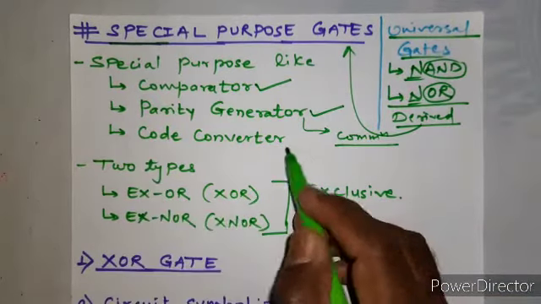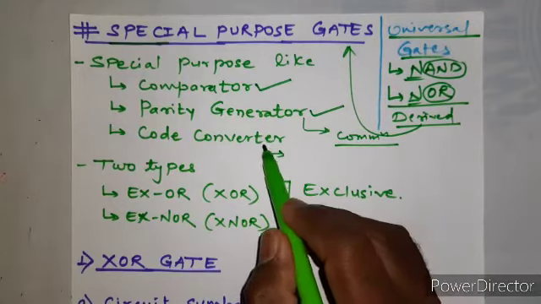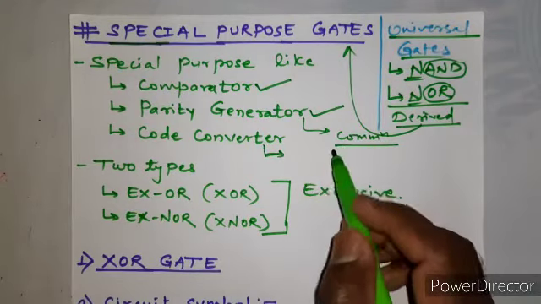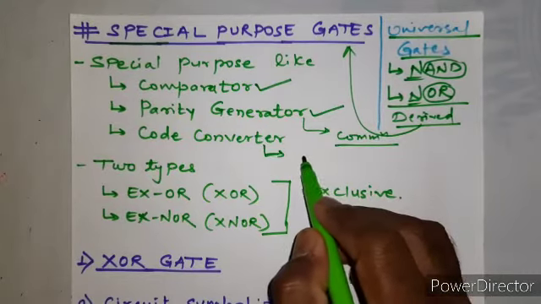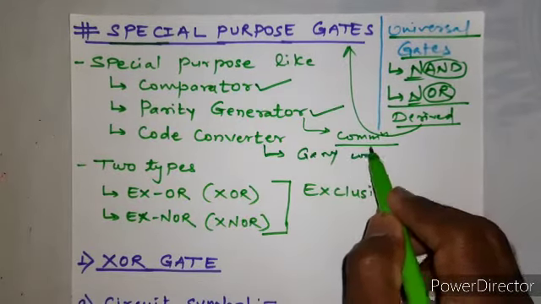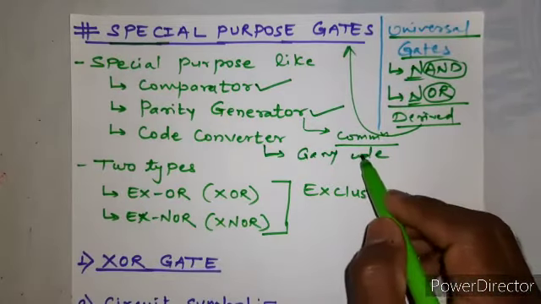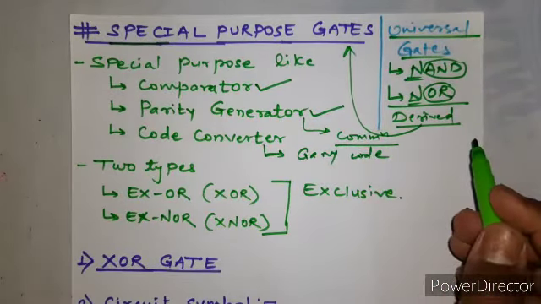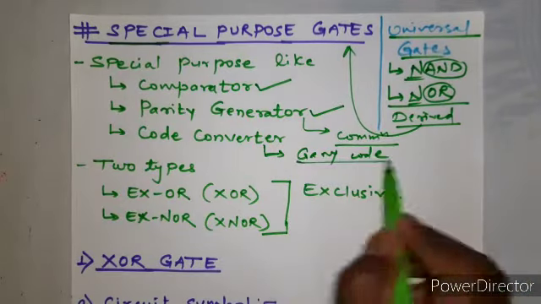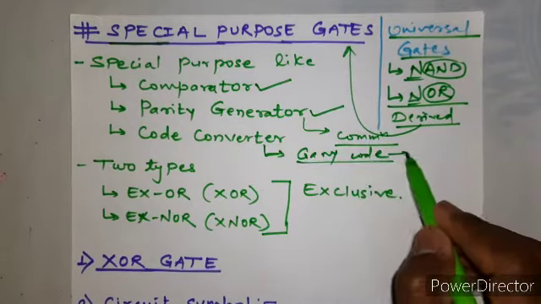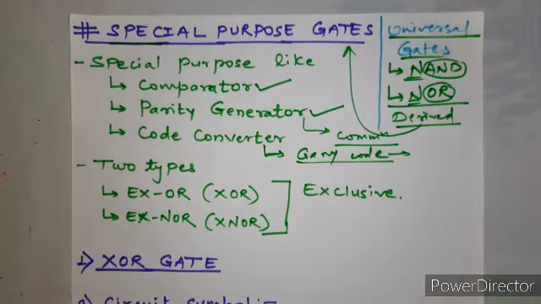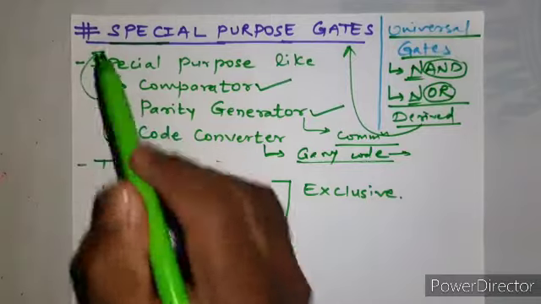Code converter: we saw codes and converters in the first chapter, but we left the gray code converter to study in the next lectures, because for it we need to understand the concepts of special purpose gates.